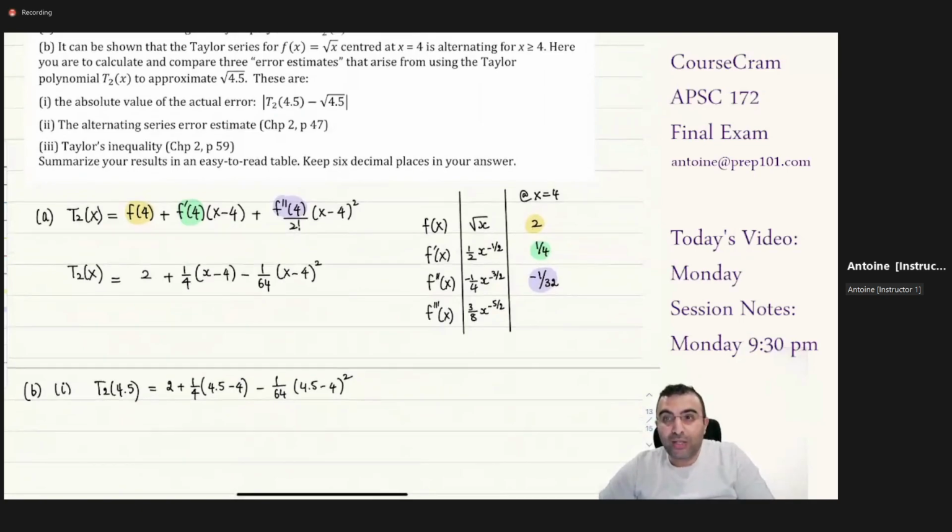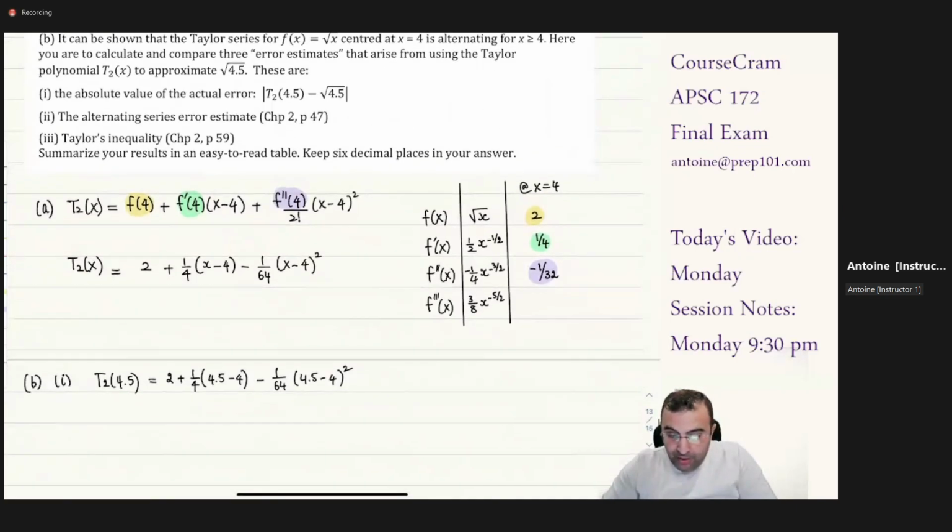You're literally calculating this, and the square root of 4.5 is just a value that we're going to use on the calculator. So the absolute value of T2 of 4.5 minus the square root of 4.5. I'm literally entering these on my calculator.